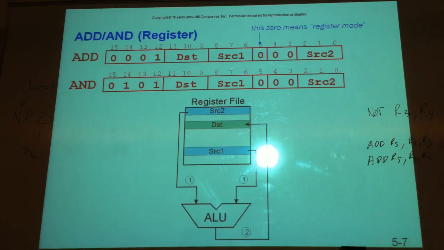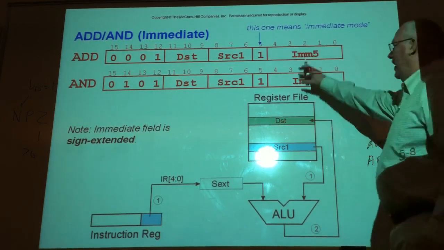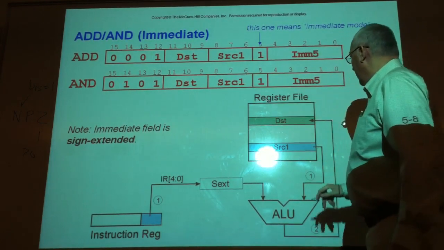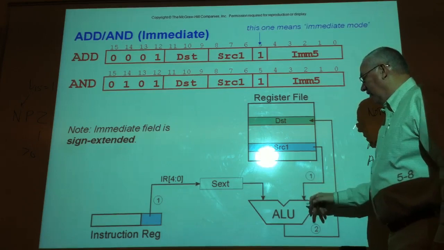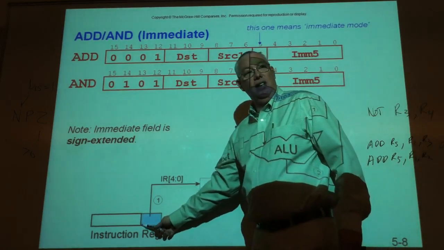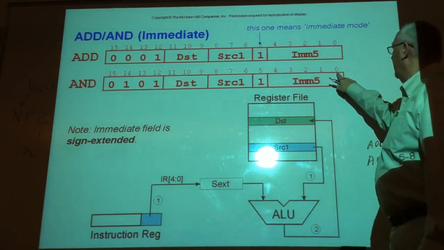Let's look at another one, an immediate mode. Here's an immediate mode right here, add and and. So we have a source, and it takes the source and presents it to the ALU. It takes the immediate value in the instruction, right here, 5 bits.